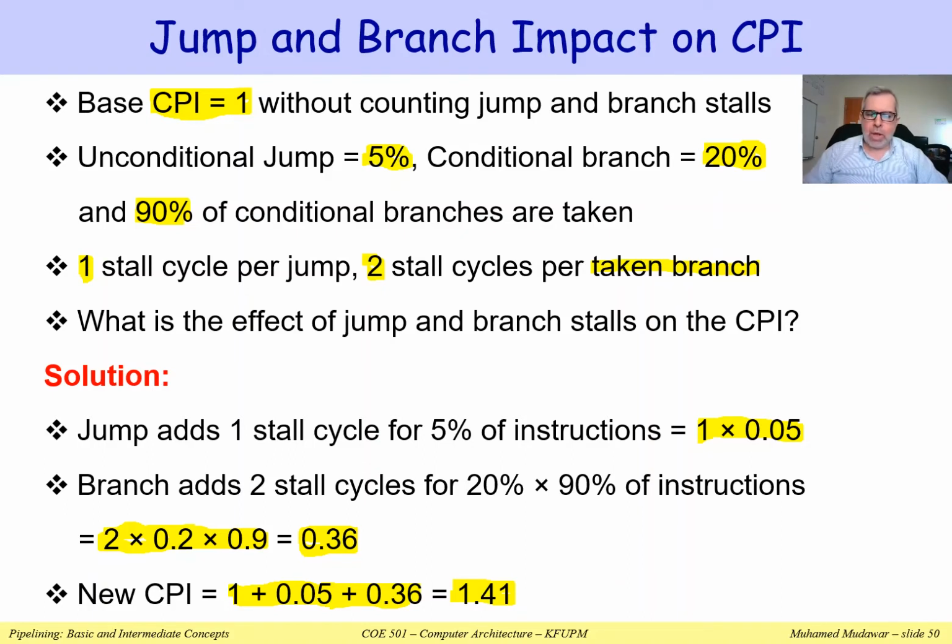So the CPI went up from 1 to 1.41, and this is going to slow down the execution. It's going to increase the execution time of the program.